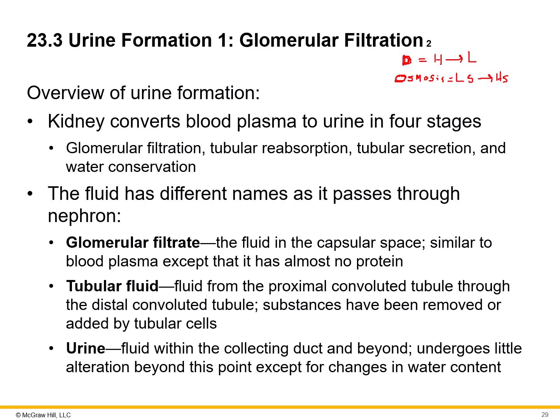I've written some reminders up here for you. The first one is diffusion. Diffusion is the simple movement of molecules, and they like to move from high to low concentrations. If you wanted to reverse this and force something to go from low to high, we would need energy, some ATP. This is active transport.